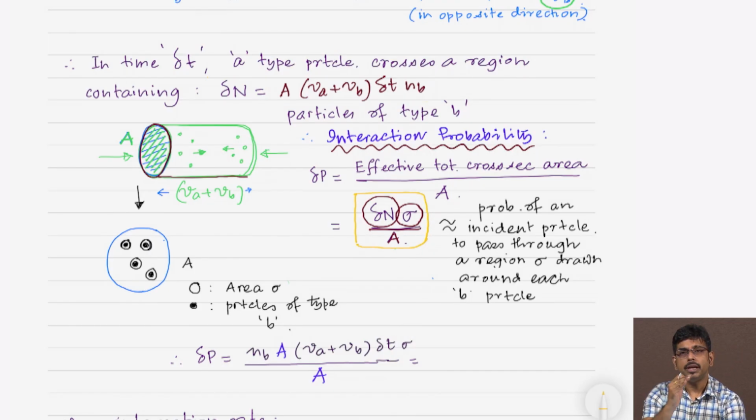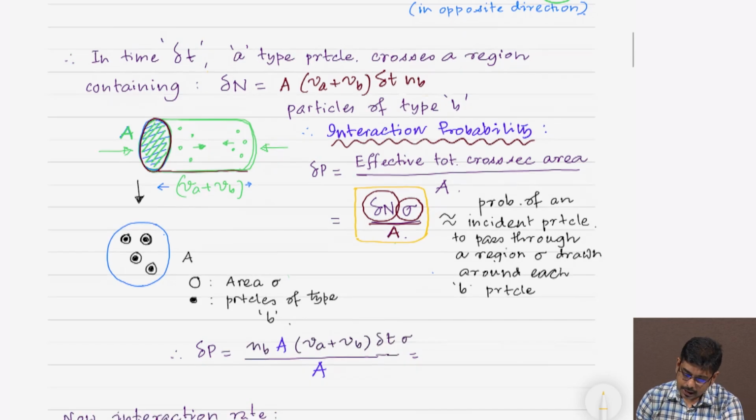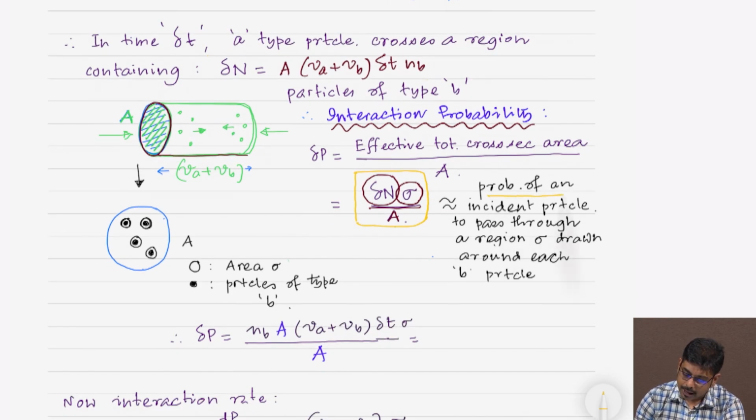This interaction probability you can also visualize as the probability of an incident particle to pass through a region sigma drawn around each B type of particle.